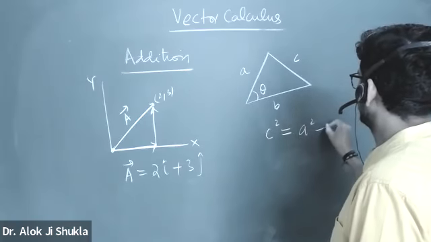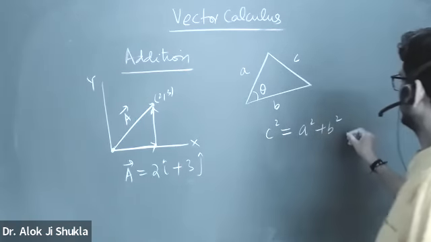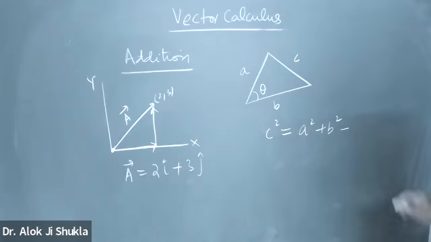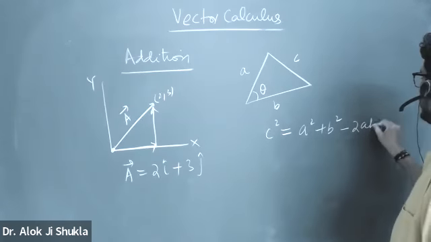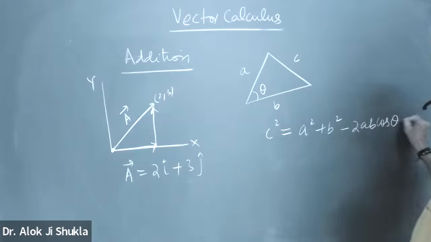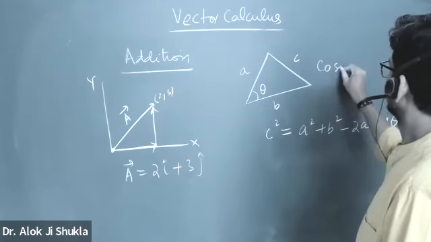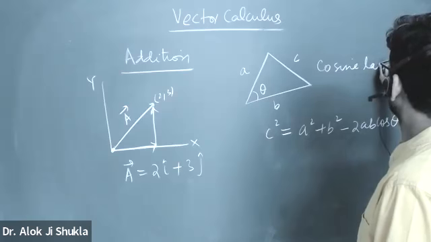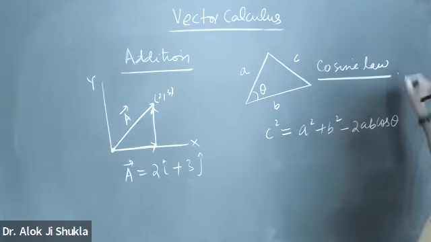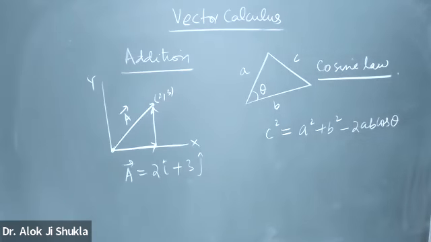A square plus B square minus 2AB cos theta. Just the magnitude. What is this law known as? Cosine law. Very important. While deriving vector potentials and multipole expansion, we have to use this.